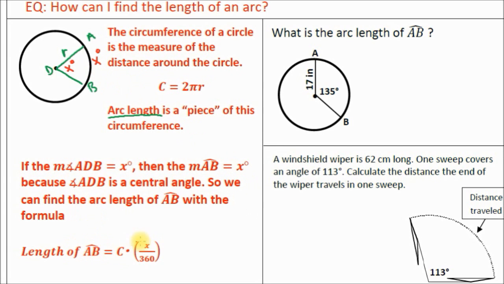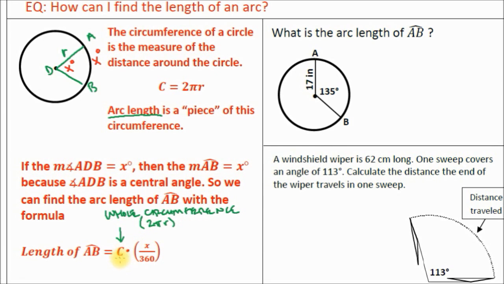The length of arc AB is the whole circumference. So I'm going to put here, let's put this in a different color so you see it. It's the whole circumference, which, by the way, is found with 2 pi r.